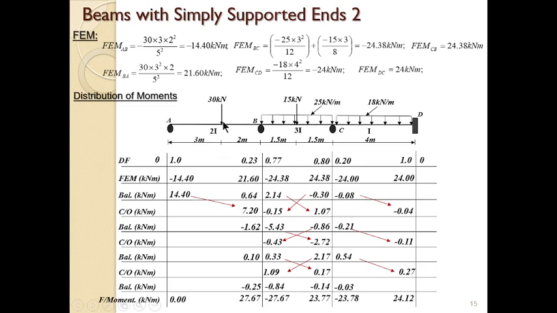So if you go back to the lesson, part 1 of this lesson, where we mentioned the simple common cases and their fixed end moments, you notice that the fixed end moment at this point is going to be P A B squared.